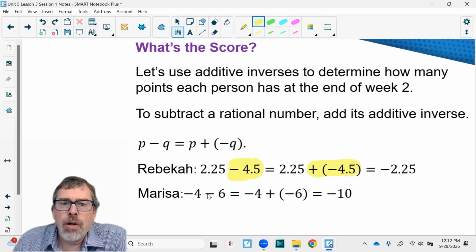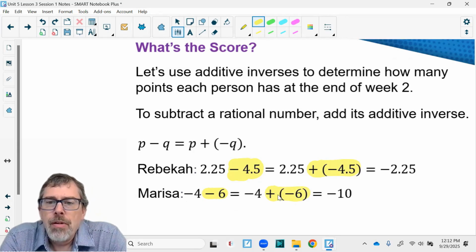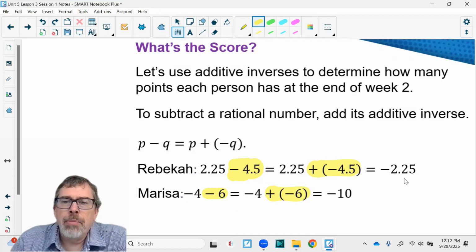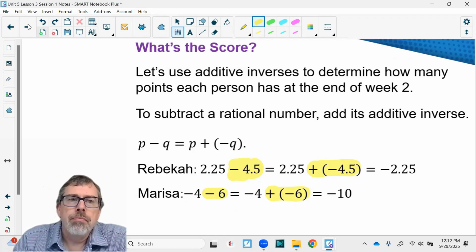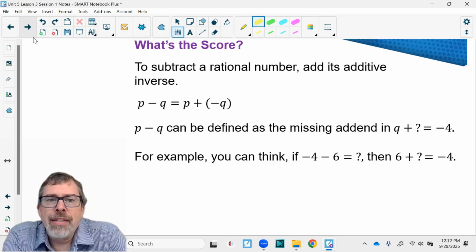Marissa, -4 minus 6 is the same as plus a -6. Rebecca ended up at negative 2.25. Marissa ended up at negative 10. To subtract a rational number, add its additive inverse. P minus Q is equal to P plus a negative Q.